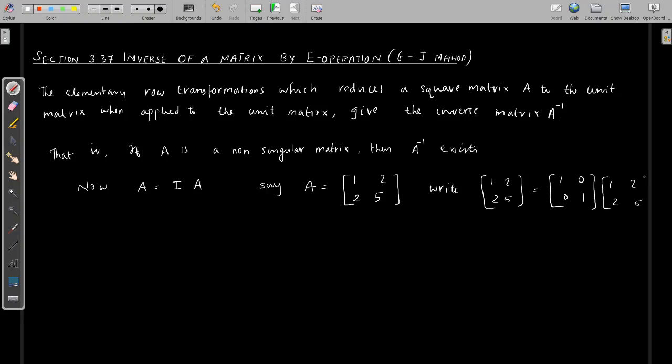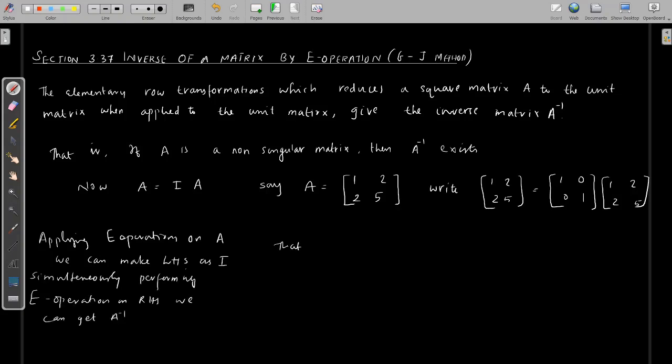First we have to find the elementary operations that reduce this 1, 2, 2, 5 to the identity matrix. So we will perform the same elementary operations on the identity matrix on the right. Then you will get a new matrix in the place of 1, 0, 0, 1. That's what we call the inverse of A.